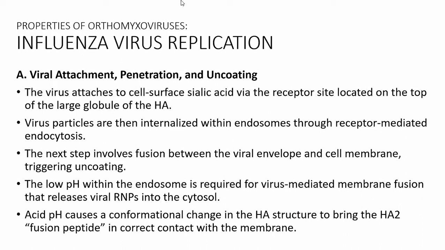Acid pH will cause a conformational change in the hemagglutinin structure to bring the HA2 fusion peptide into correct contact with the membrane, since at first this fusion peptide is hidden and needs a change in the structure of the hemagglutinin in order for it to be exposed.